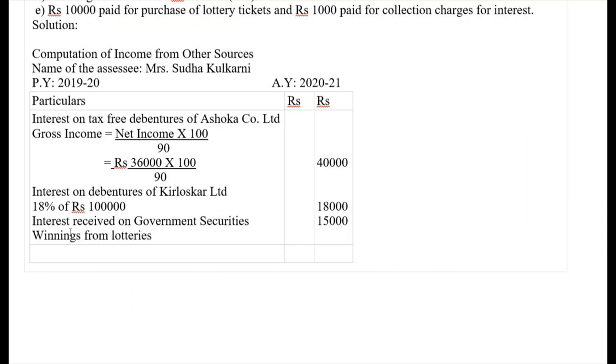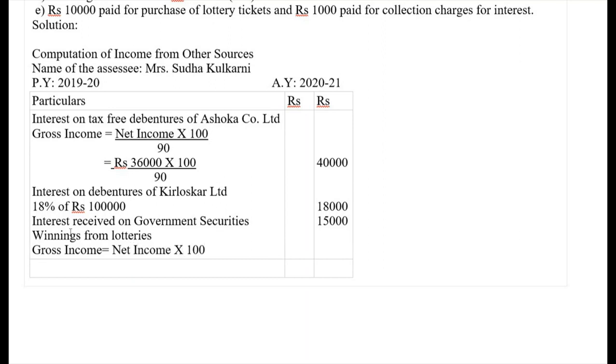Then winnings from lotteries. Again here we have been given the net income, so we need to find the gross income, which equals net income multiplied by 100 divided by, where the rate of TDS is 30%. So 100 minus 30 gives 70.